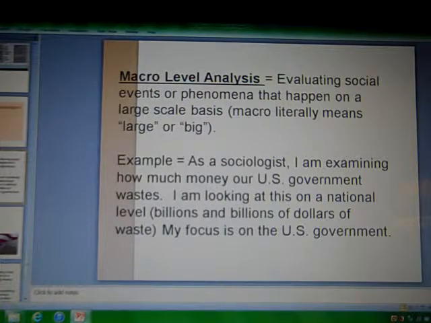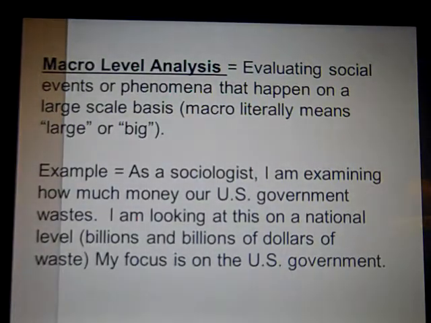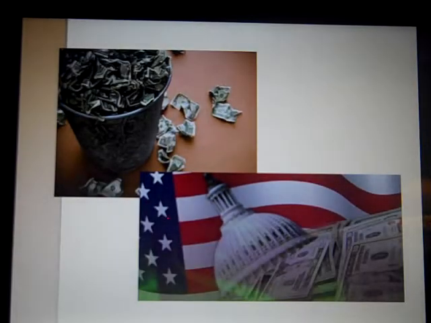For example, as a sociologist, I'm examining how much money our U.S. government wastes. And what I find is that our government wastes billions upon billions of dollars. My focus is on the U.S. government. That's a macro level analysis. I'm looking at something that's very large scale.